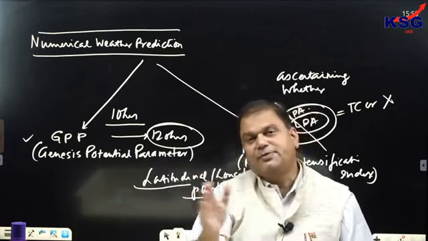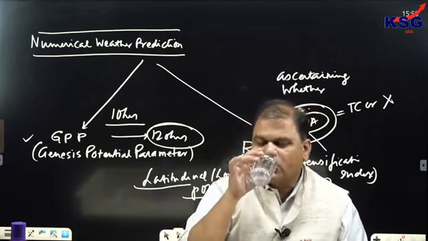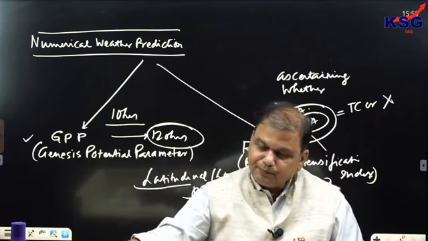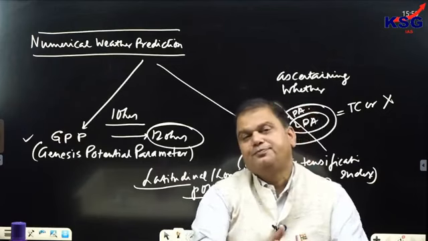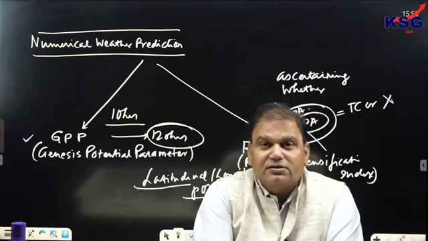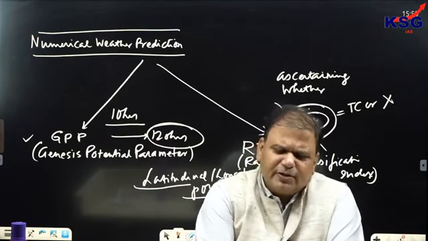So registering the speed of wind at 6 hours interval for 36 hours. And then we come to know whether it's a tropical cyclone or not.